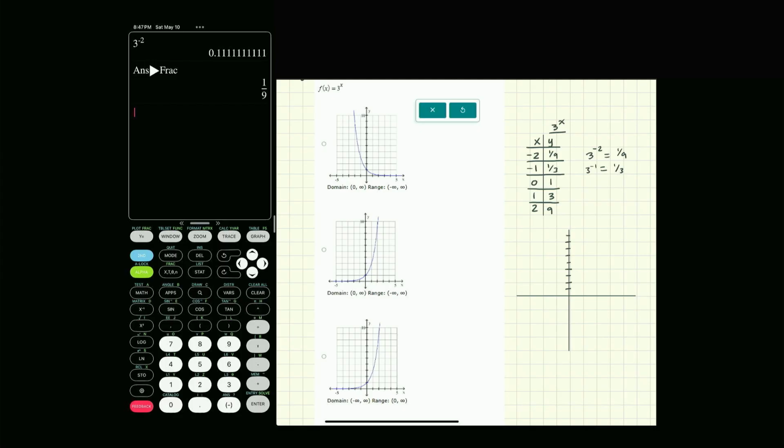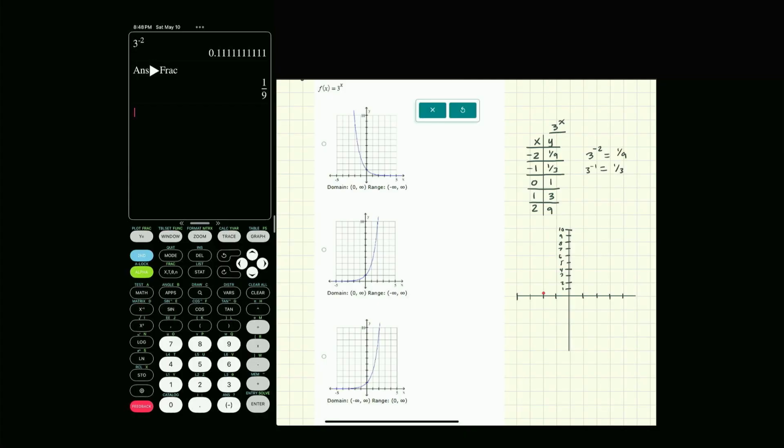Making sure I have enough tick marks. 1, 2, 3, 4, 5, 6, 7, 8, 9, 10. And it doesn't have to be perfect. We're just trying to get an idea here. So let's see, -2, 1/9. What would that look like? -2, 1/9 is a really small fraction, not even super close to 1, just really close to 0.